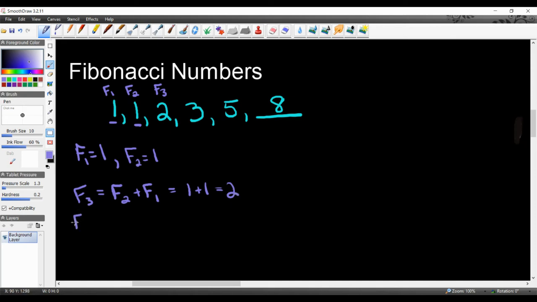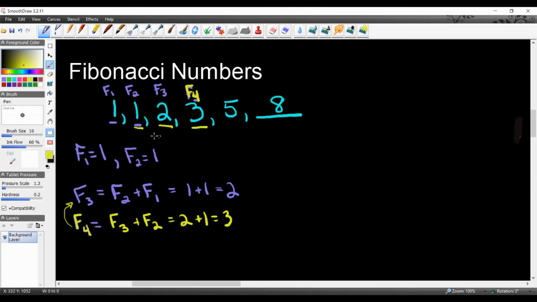Using that same pattern, f of 4, which is now my 3. Let me get a different color here so we can see the difference. So f of 4, according to the pattern before, should be the 2 before it: f of 3 plus f of 2. Let's see. f of 3 is 2, f of 2 is 1.